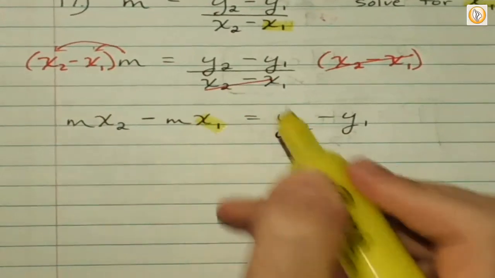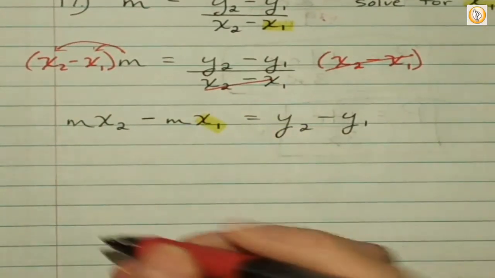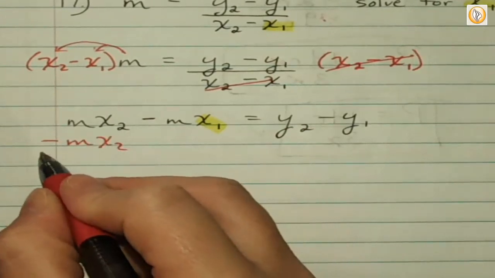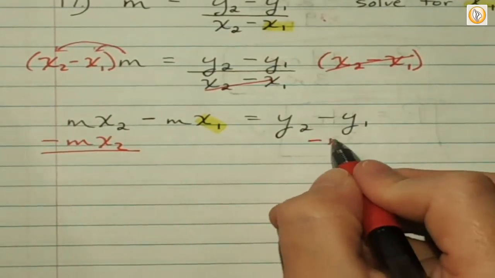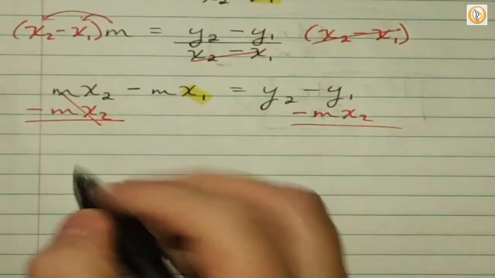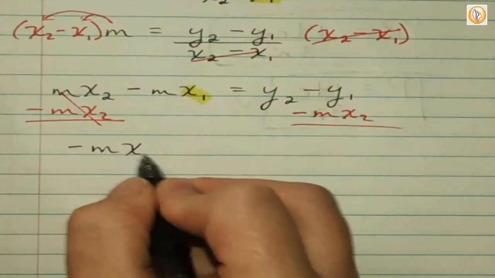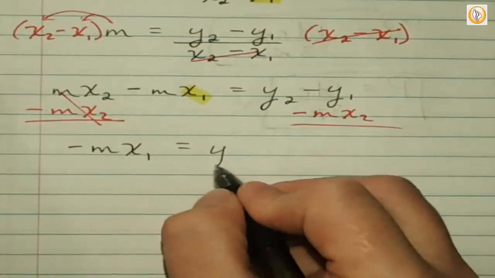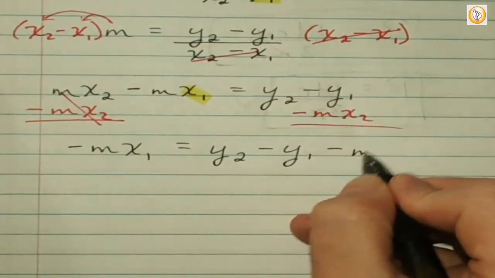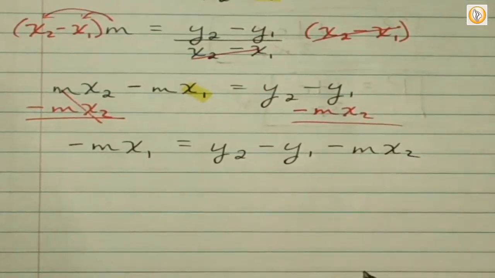So here's us. We're going to subtract both sides. And I get negative mx1 equals y2 minus y1 minus mx2.